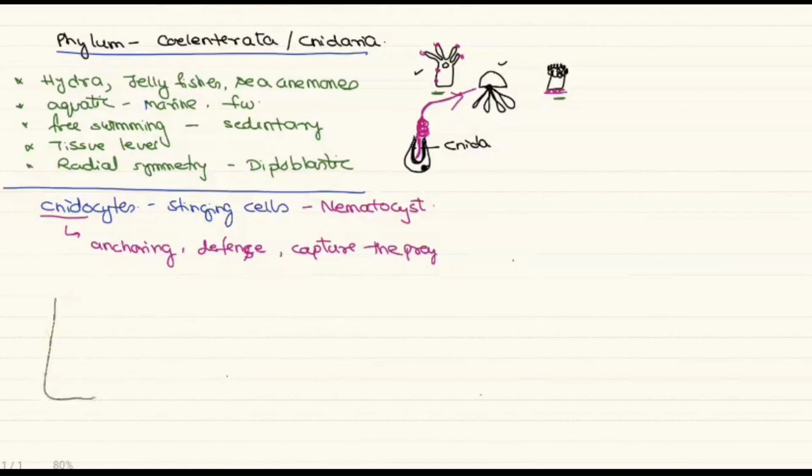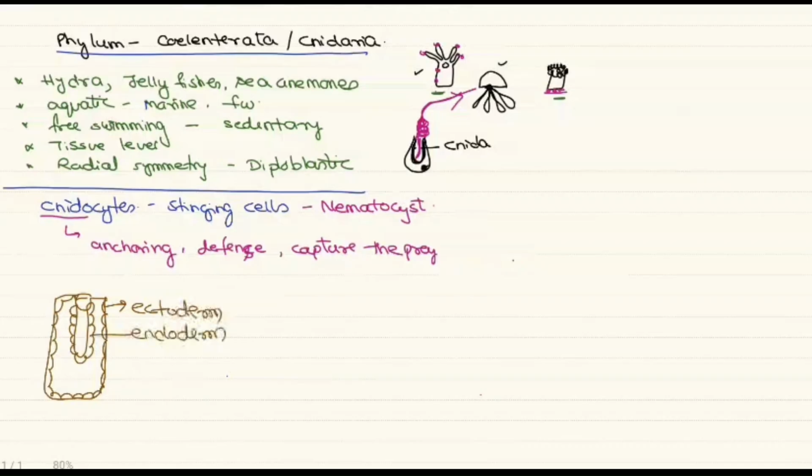Let's see the structure of the body. If I take Hydra, Hydra has two layers. The outer layer is called ectoderm and the inner layer is called endoderm, as these animals are diploblastic in nature, and the gap between the two is filled with mesoglea. This mesoglea is acellular, that is without any cells, in some of the animals like Hydra.